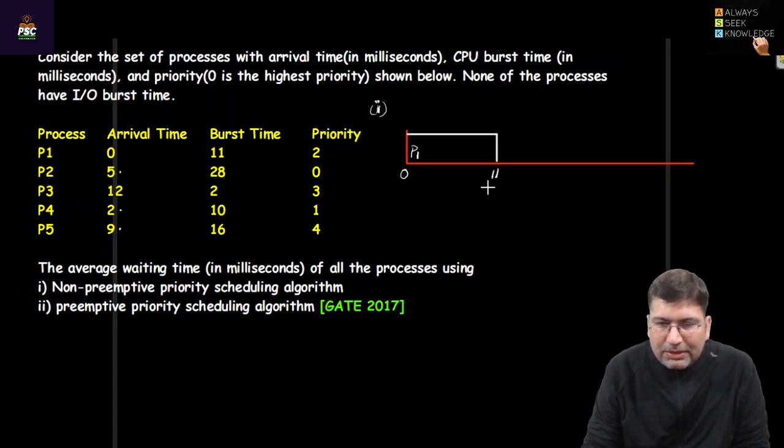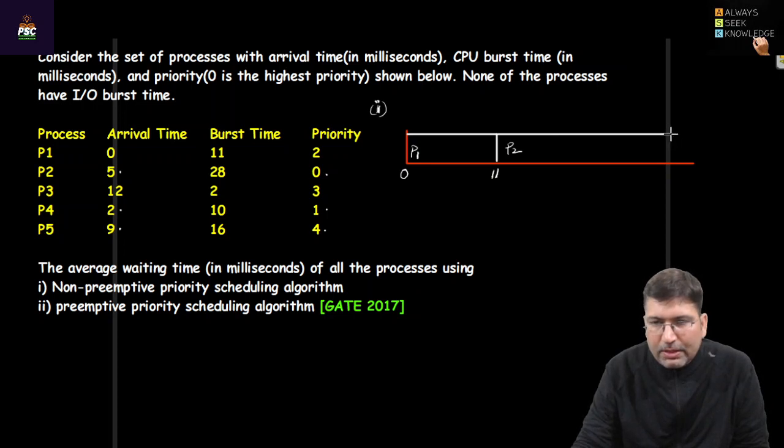So when the scheduler decides, it will consider the priorities of P2, P4 and P5. Out of P4, P2 and P5, the highest priority is of P2, so P2 will be scheduled. P2 requires 28 CPU cycles, so 28 CPU cycles will be allocated to P2. It will execute till 39.